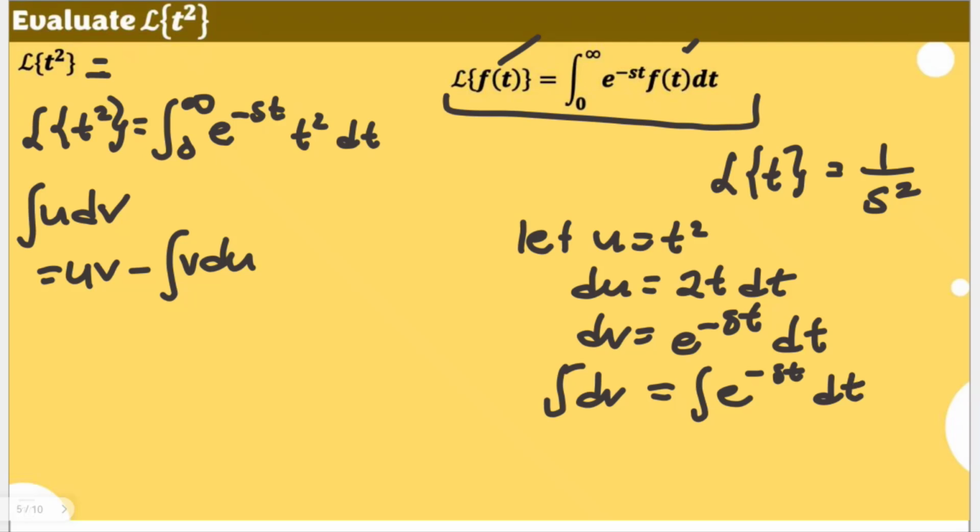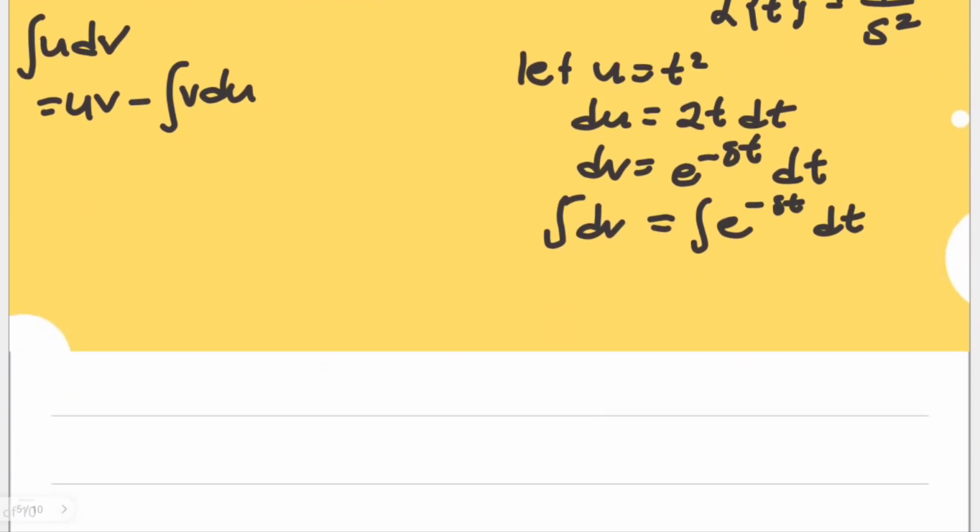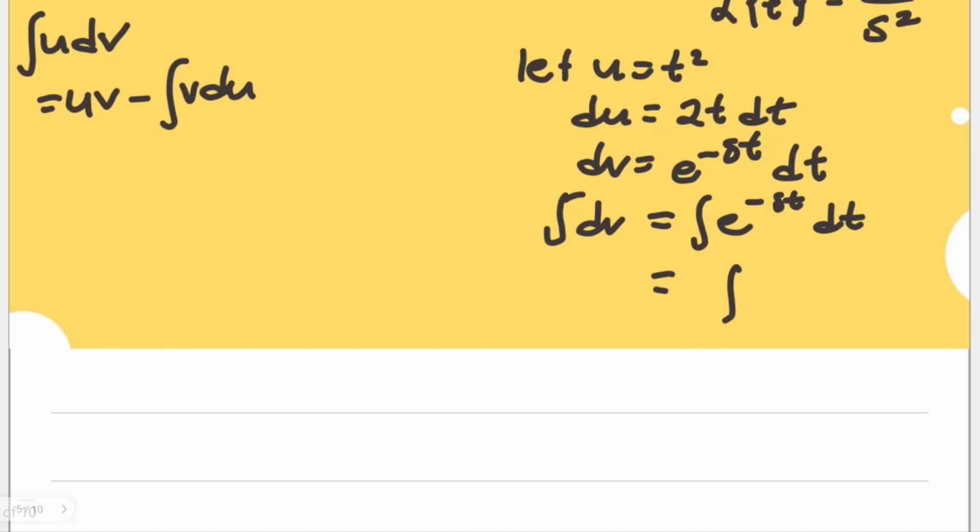To make sure that this could be integrated, for this to become e to the power u du, the du needs the derivative of st with respect to t. That would mean we need to add e to the power of negative st times negative s dt.